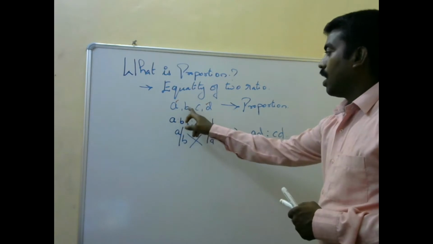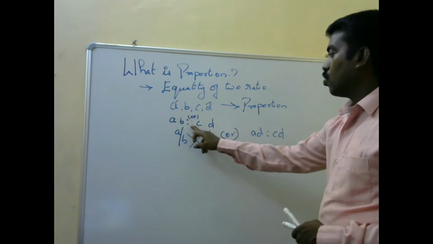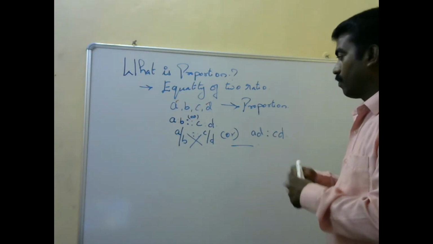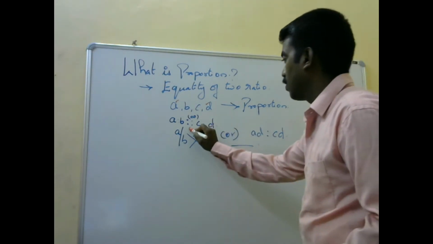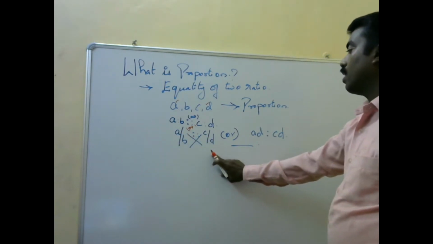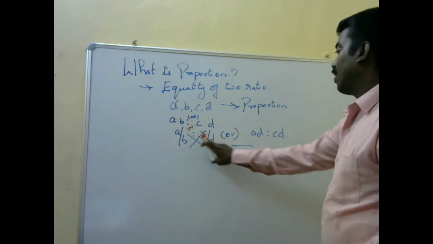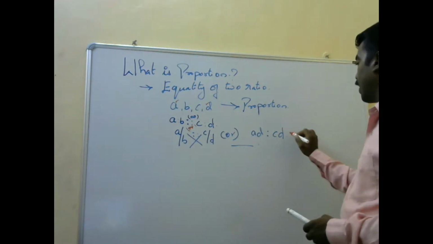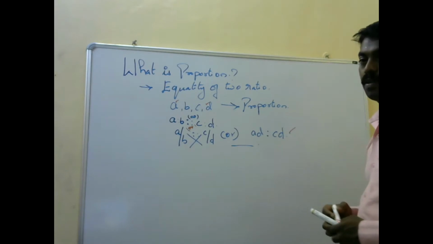You can write A is to B as C is to D, and you can also write it as A by B equal to C by D, or we can make a cross product: AD is equal to BC. Can you understand it? Please note down.